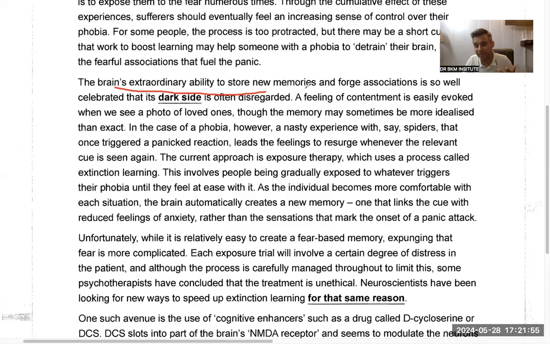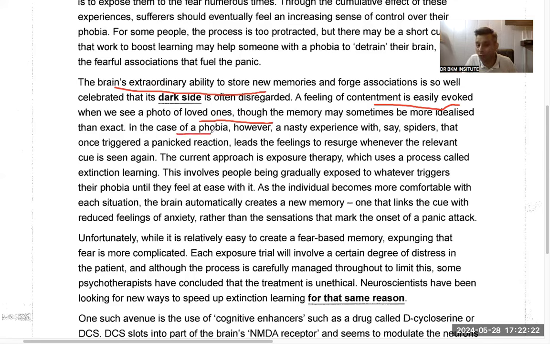Now it will explain. A feeling of contentment, a feeling of satisfaction, is easily evoked when we see a photo of loved ones, though the memory may sometimes be more idealized than exact. So please understand, when we see photos of loved ones, like our childhood friends, the ideas are more idealized.